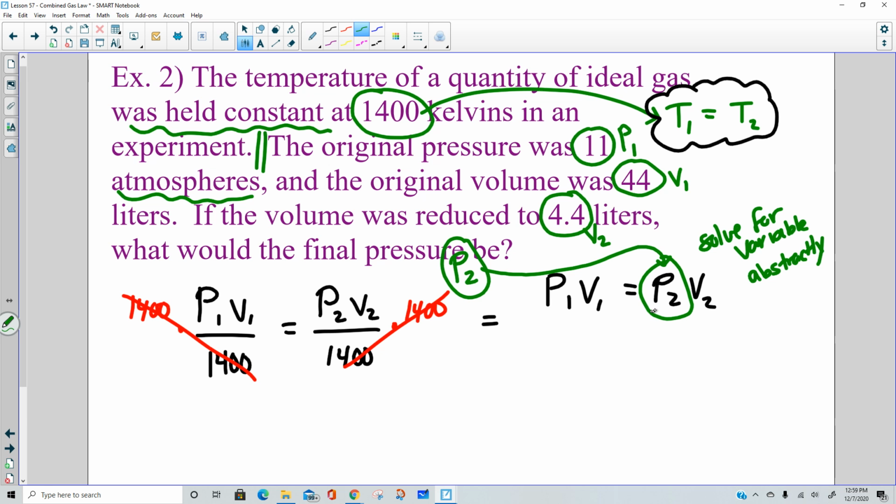Somebody raise your hand. Tell me, how would I get P2 by itself? Okay, Robel, go ahead. Exactly, we're going to divide by V2. Good job.